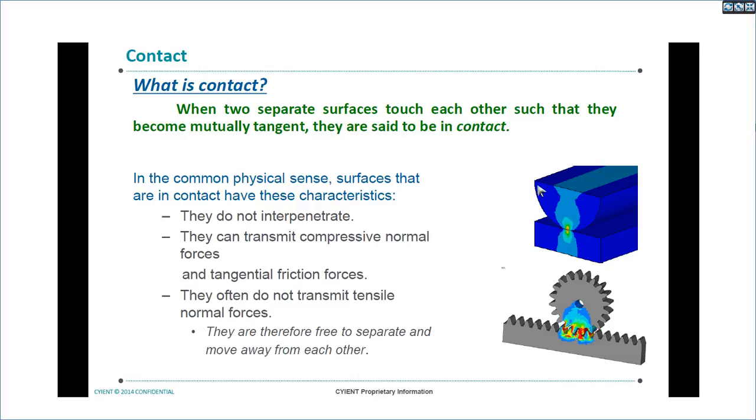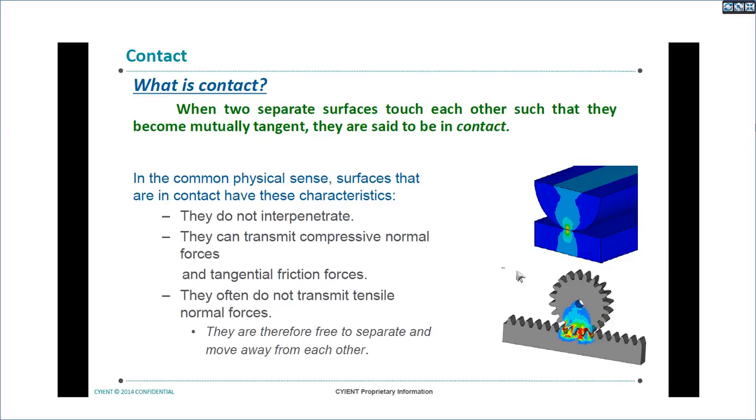That means if you see this hemisphere, this component cannot penetrate into this component. Similarly, this component cannot penetrate into this component. This is actual physics. In actual physics, when two components come into contact, they won't penetrate into each other. The same thing has to be established here.